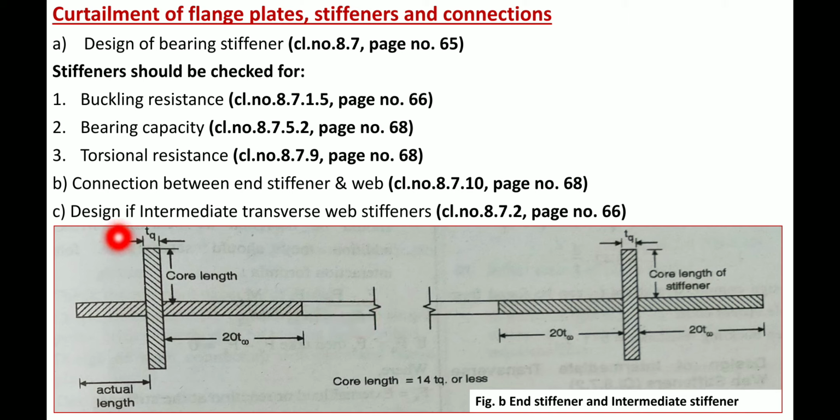If tq is the distance, then 14 times it is known as the core length. For intermediate stiffeners, this is the continuous part, here 20 times tw, again here 20 times tw, and we know that the core length of this stiffener is equal to 14 times tq.